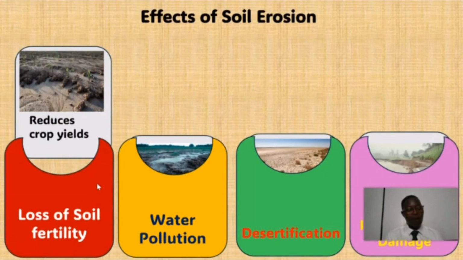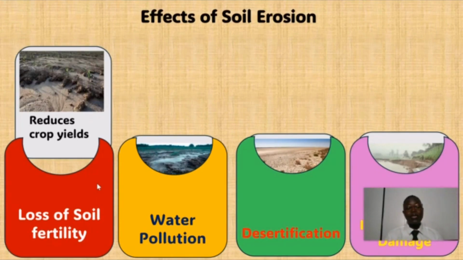1, we have loss of soil fertility. How does that happen? Remember, when we talk about loss of soil fertility, we are talking about lack of some nutrients in the soil. And this usually happens when the top fertile soil is washed away by rain or water.